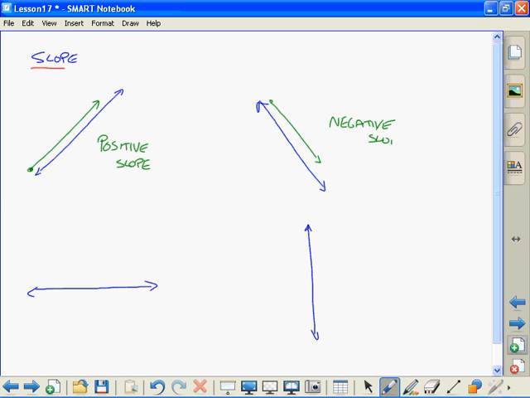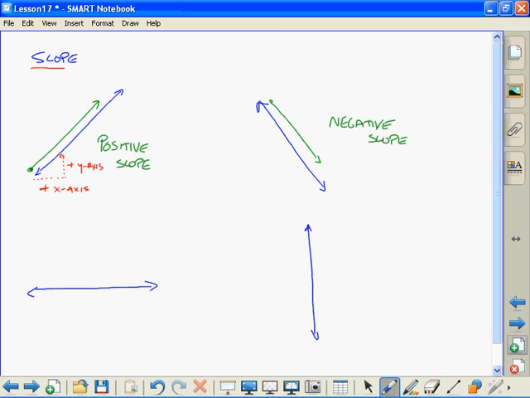The mathematical reasoning behind this: if I go back to the positive slope, as we move to the right, we are going in the positive direction on the x-axis. And in order to follow the line going upward, we're going in the positive direction of the y-axis.